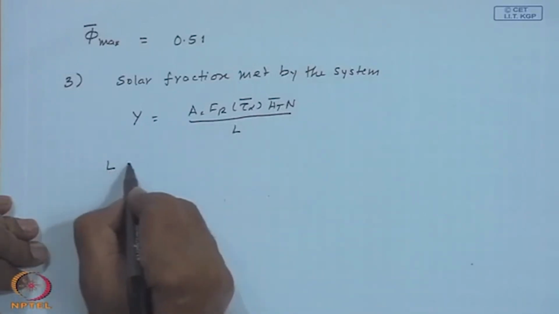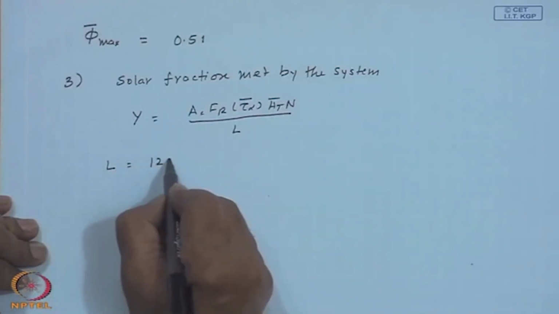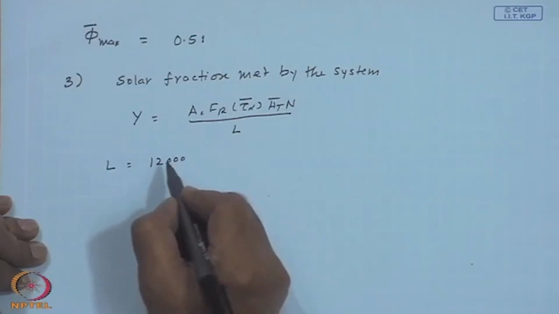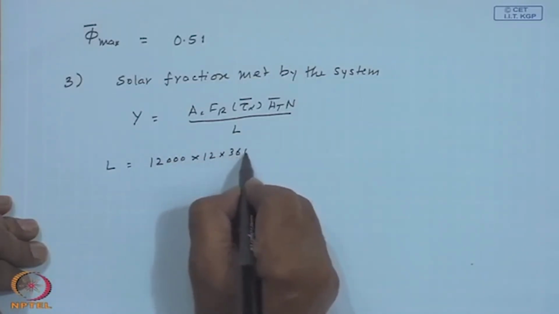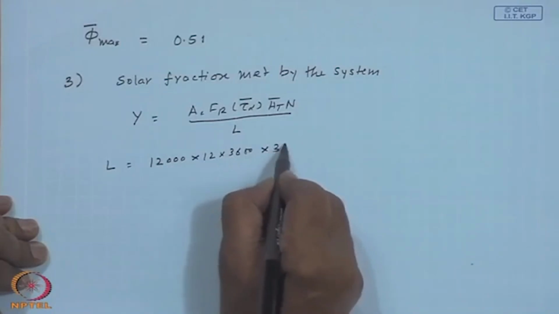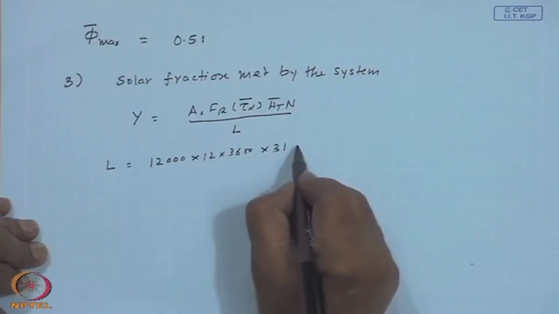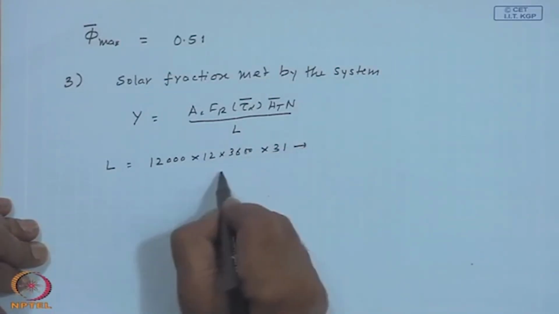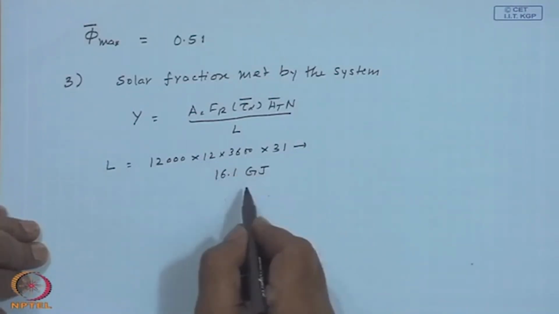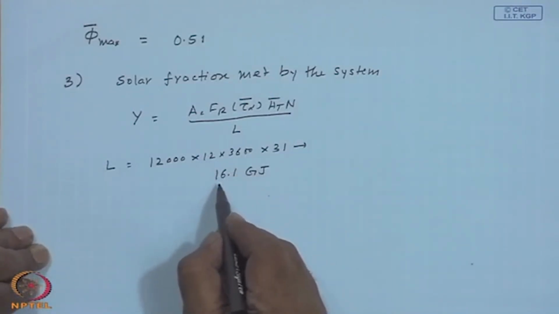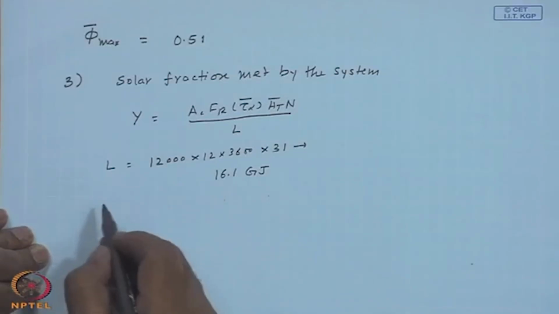The load in this case will be 12 kilowatts, that means 12,000 watts for 12 hours multiplied by seconds multiplied by 31. Actually, this comes out to be 16.1 gigajoules. If you divide this by 10 to the power 9, you will have 16.1 gigajoules.